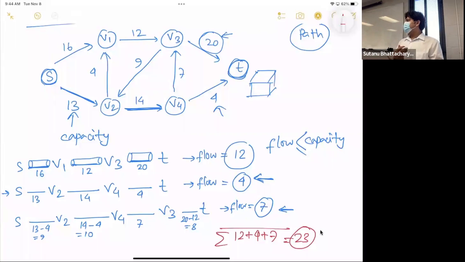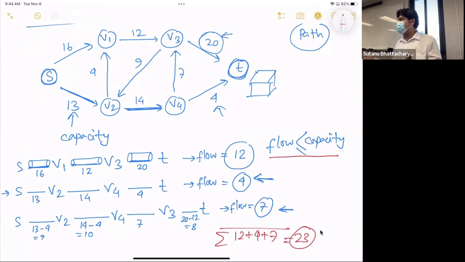So what have we learned so far? First, each edge has some capacity and you cannot flow more than that capacity. So flow would always be less than or equal to capacity. So you cannot flow more liquid than the capacity of that pipe.